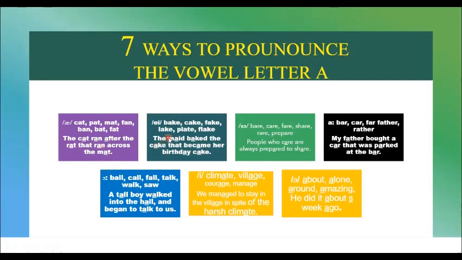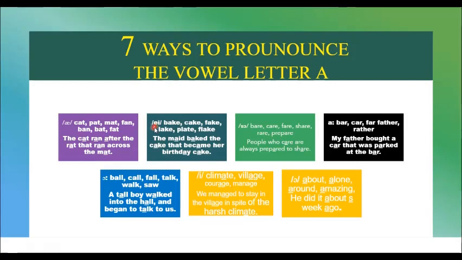Okay, then the second one is the double sound A. Of course, this is the sound that is the vowel letter sound itself, and this is the long sound. It is called a diphthong.